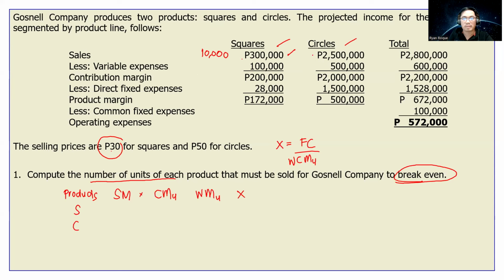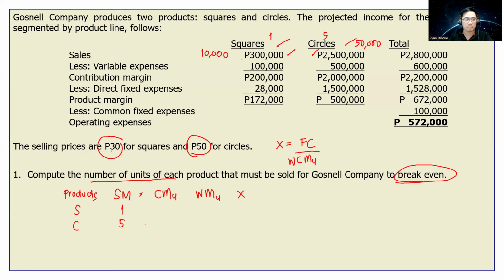We have 2.5 million of sales divided by the 50 pesos selling price per unit. So how many units do we plan to sell? 50,000. So if you look at this, for every 1 unit of square, we are selling 5 units of circles. So the sales mix is 1 and 5 for S and C respectively.